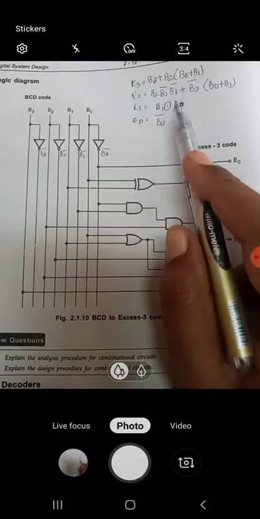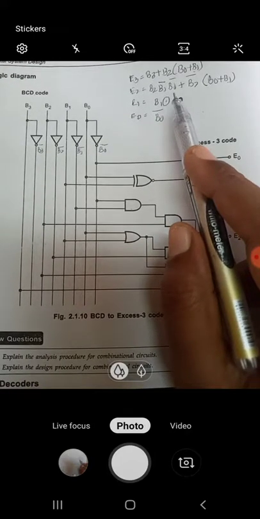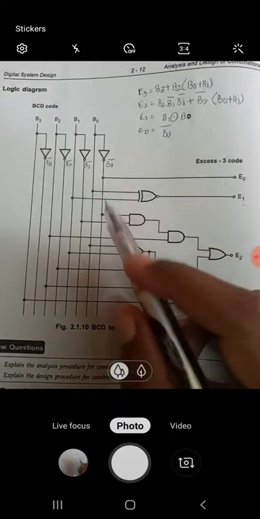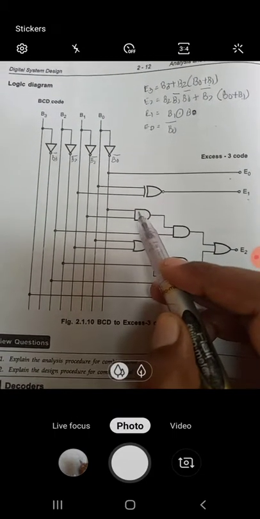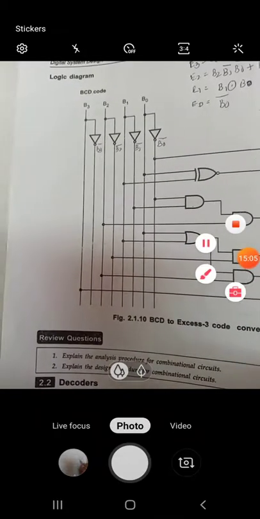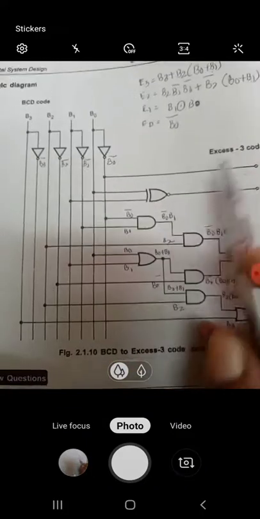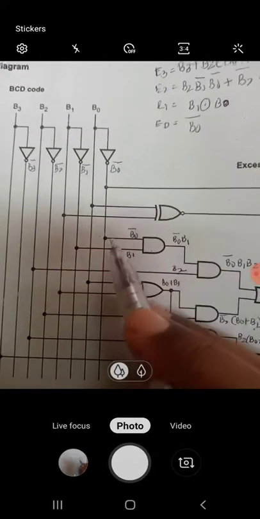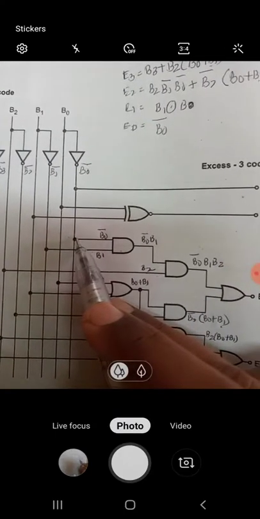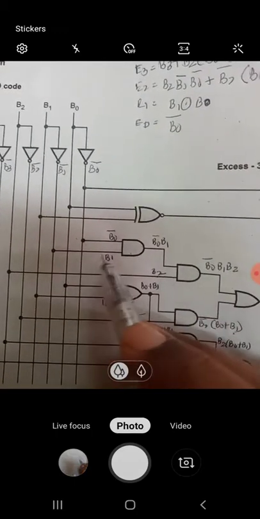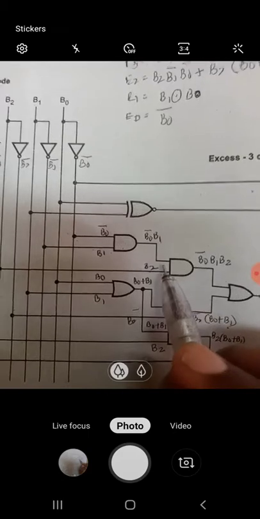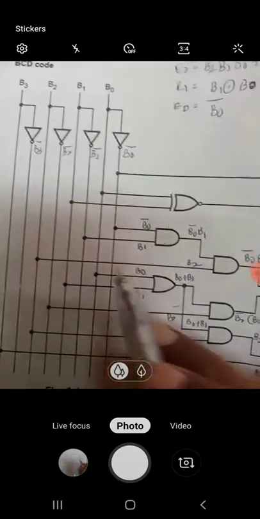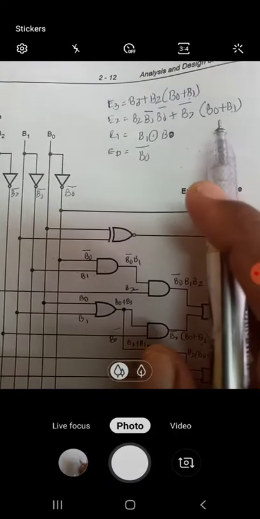Similarly, what do I have for E2? Now we'll go with the expression for E2: B2 bar into B0 plus B1.